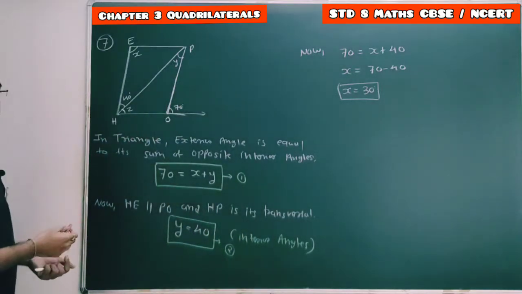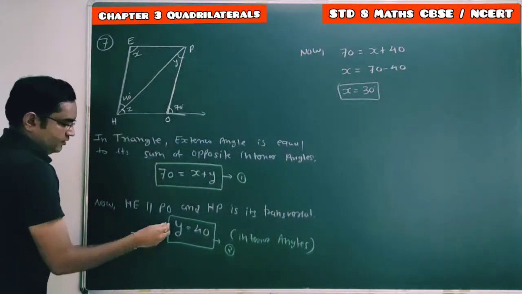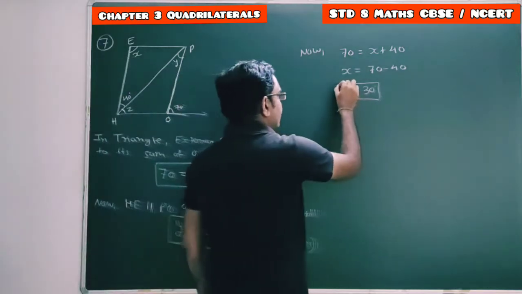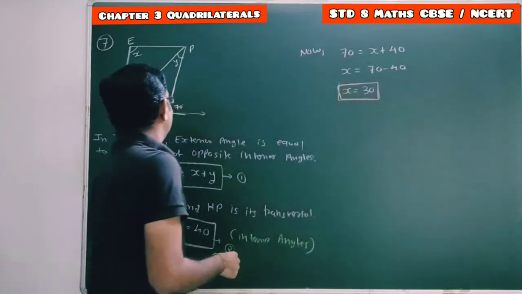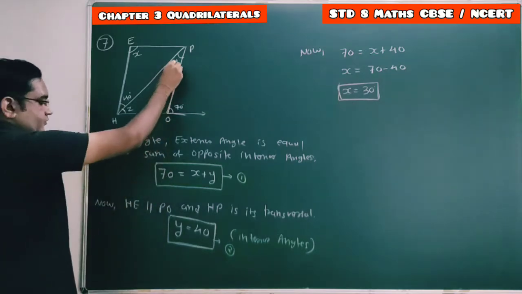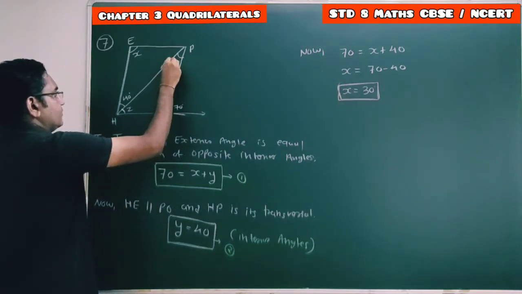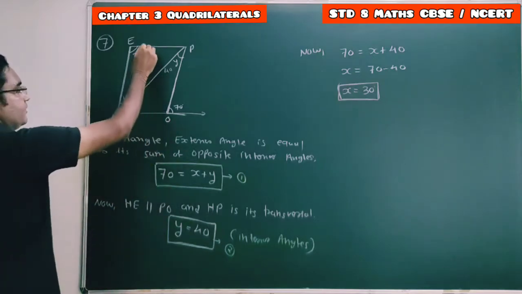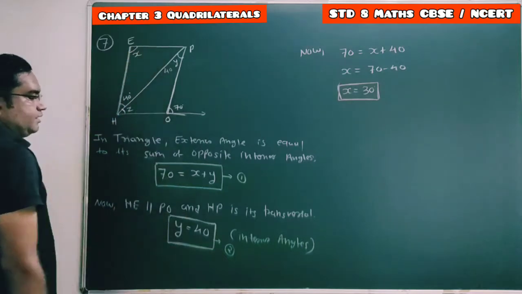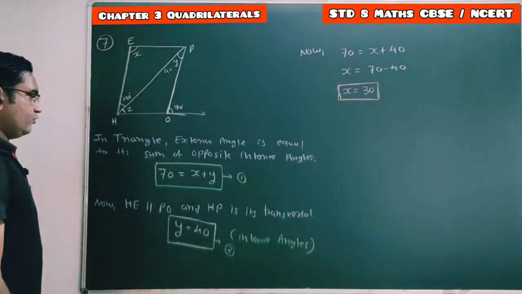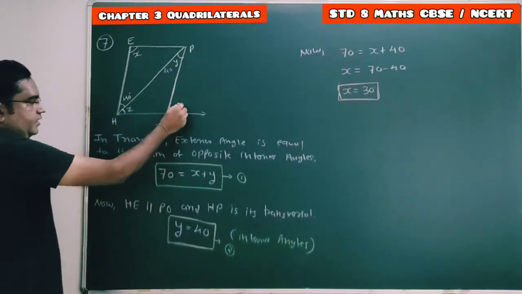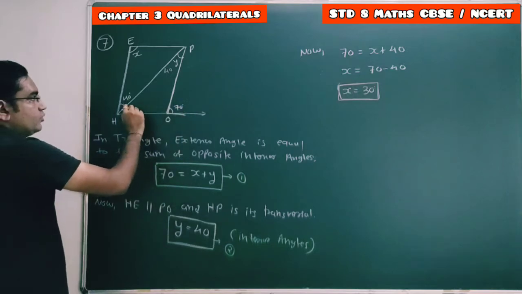Our question is to find the values of the unknowns x, y and z. So we have found the value of y, and also the value of x. Now we have to find the value of the third one, that is z. So what is the value of y? Y is 40. 70 equals z plus y.